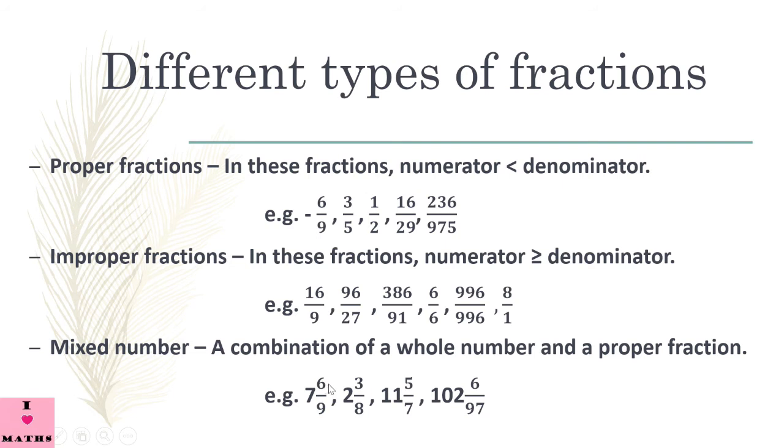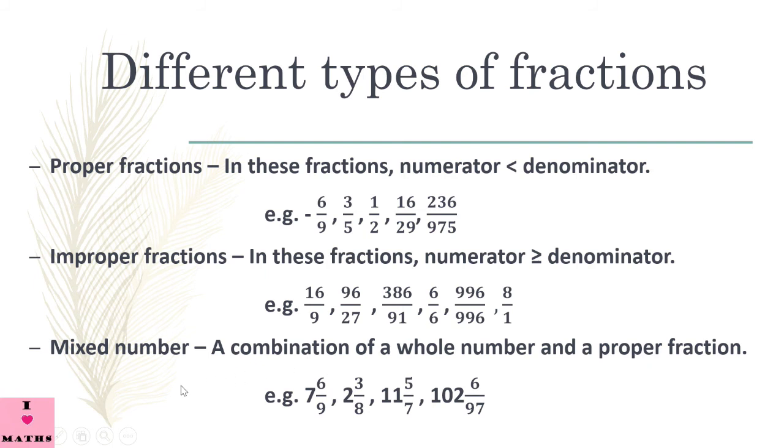So children, you will say 7 full cakes have got finished, and of the 8th cake, 6 parts out of 9 parts have got finished. So 7 whole, 6 upon 9 of the cakes have got finished. And that is what a mixed number is.